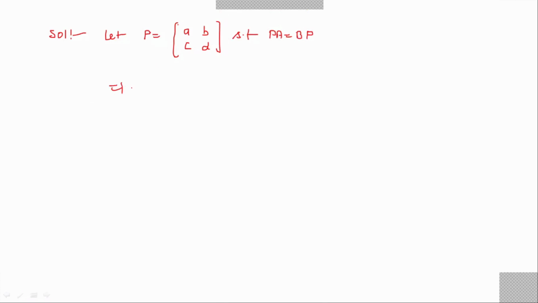So now P is A, B, C, D. What is the A matrix in the first part?